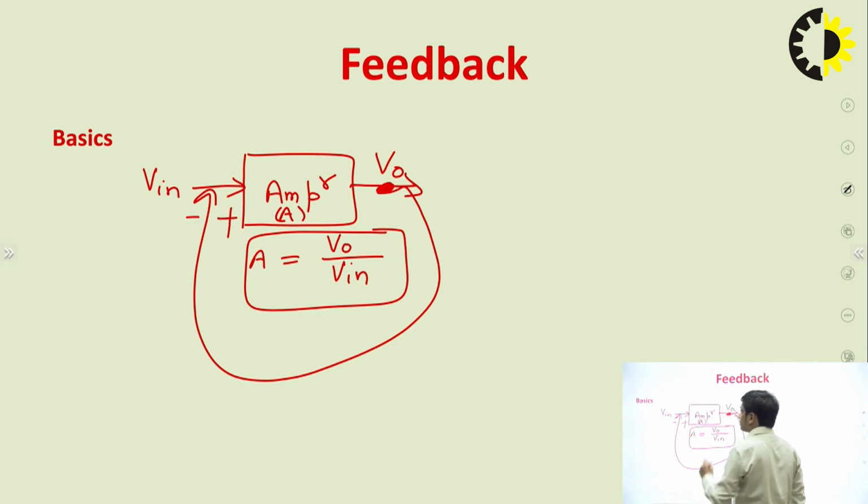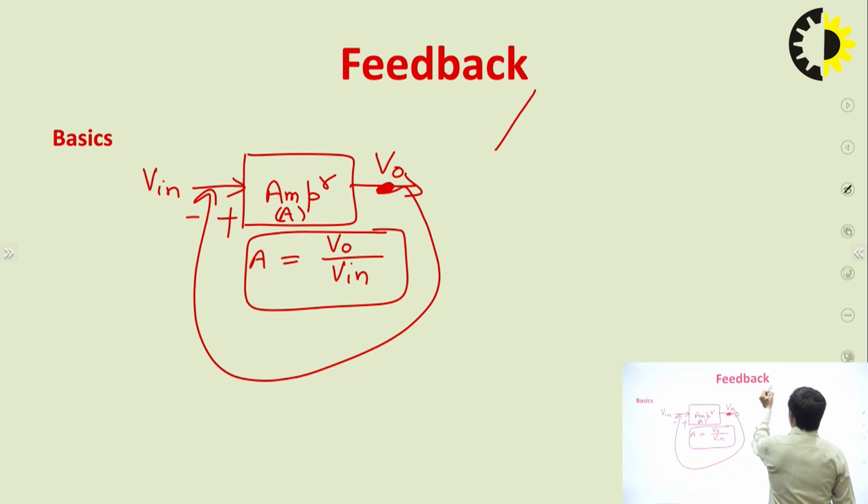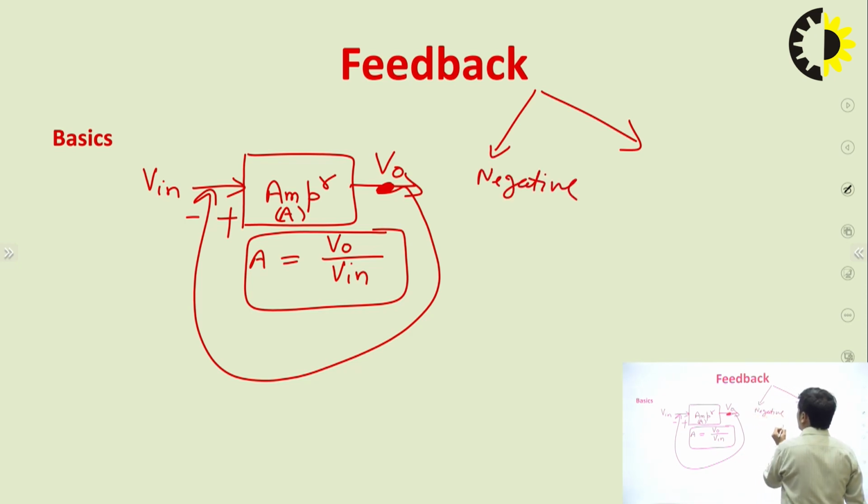If it is added to the input, that is positive feedback. So basically the feedback is of two types: negative feedback and positive feedback. In negative feedback, the output gets subtracted from the input, and in positive feedback, the output is added to the input. Basically, negative feedback is used in amplifiers.